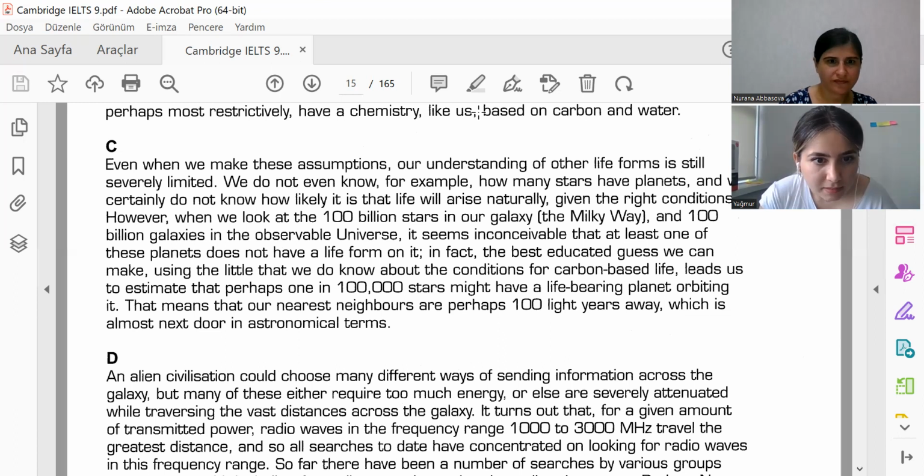That means that our nearest neighbors are perhaps 100 light years away, which is almost next door in astronomical terms. Yeah, general idea.